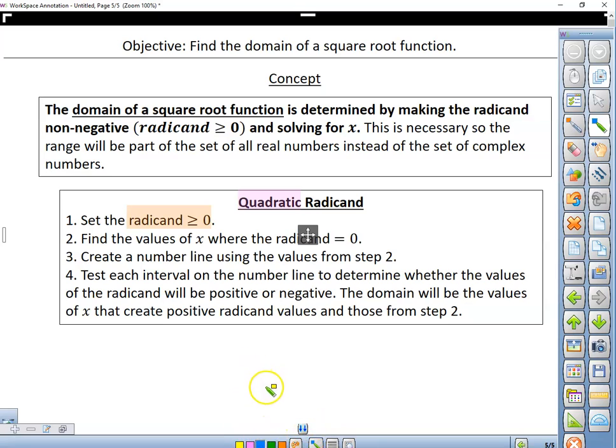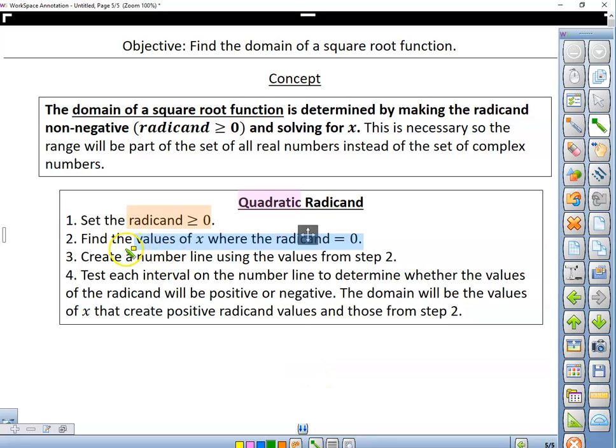But in order to figure out where it's going to be non-negative with a quadratic, quadratics will have 2 real solutions when they have real solutions, or 1 real solution. And so we have to figure out where our values of x are equal to 0. Once we know what those values are, what make the radicand equal to 0, it creates intervals.